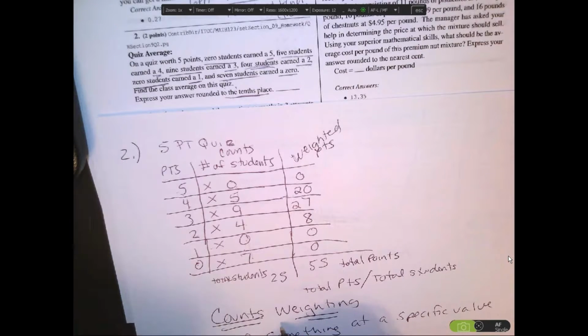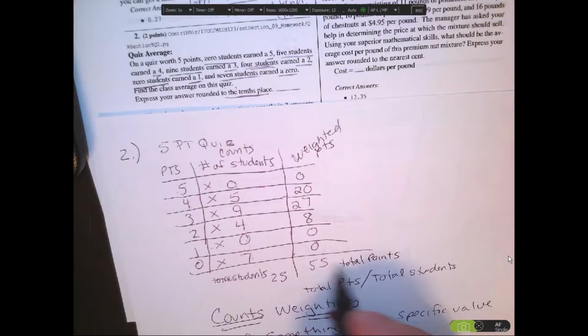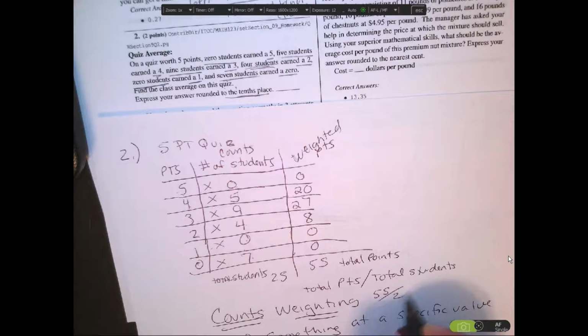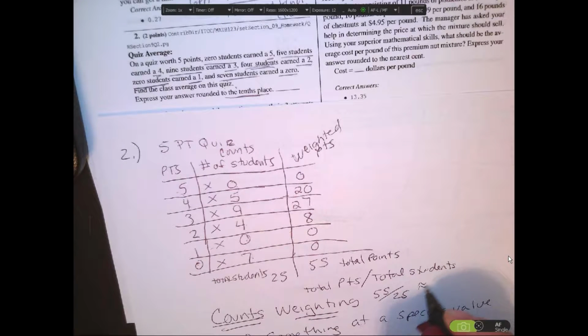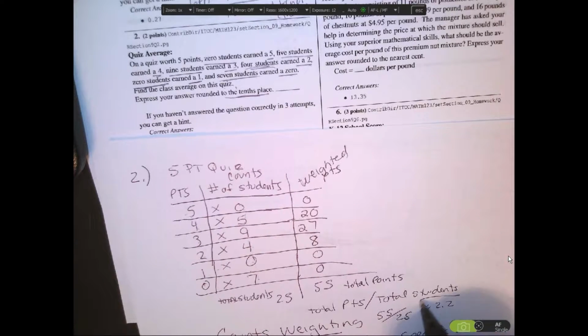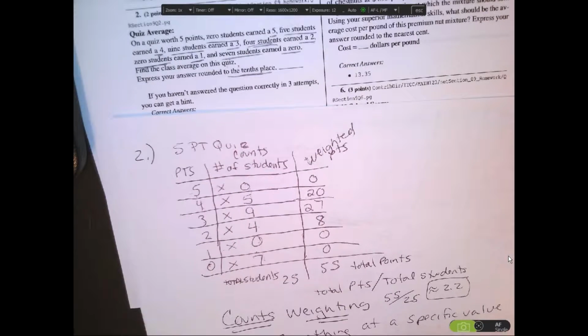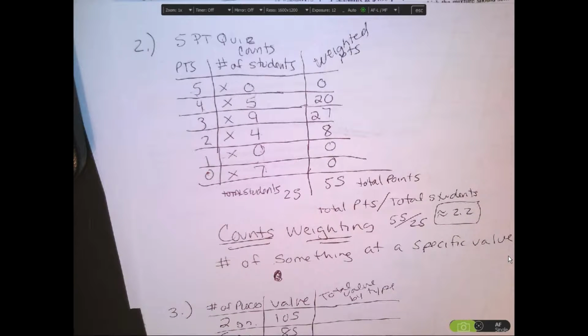So to find the average, we're going to take the 55 and divide it by the 25. And the average is 2.2 on the 5-point quiz.